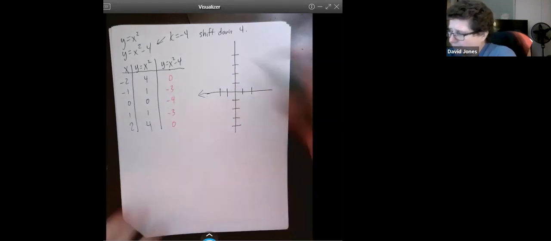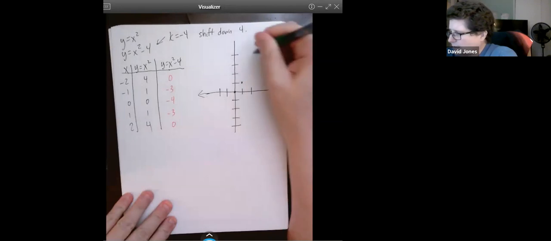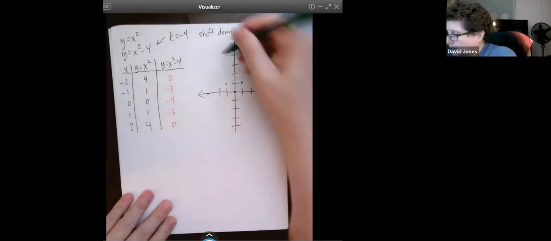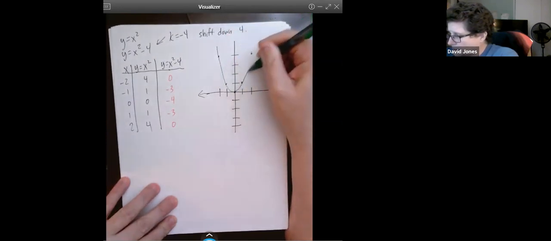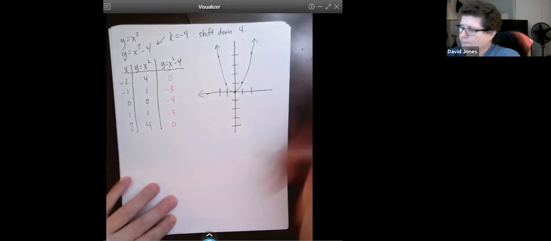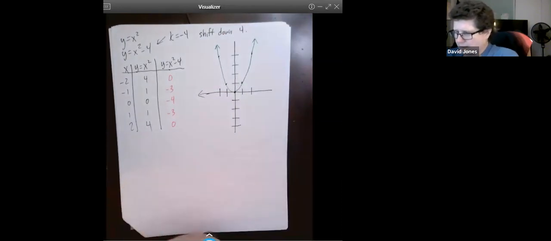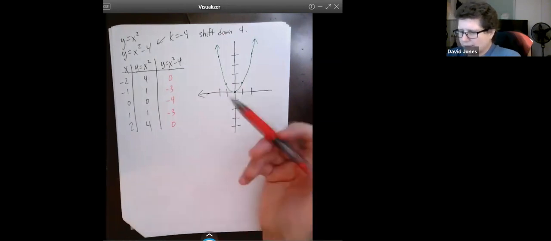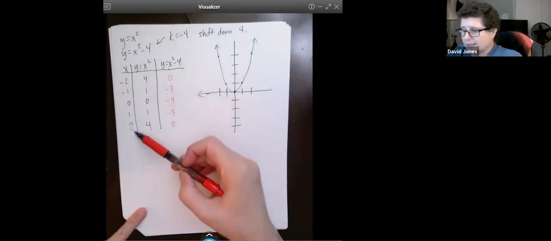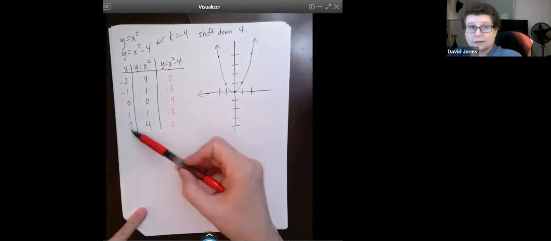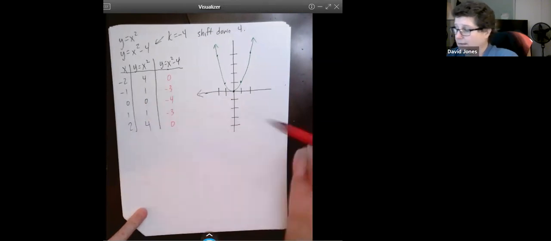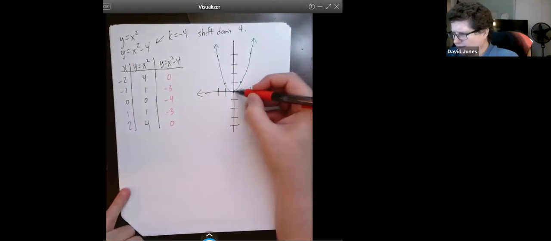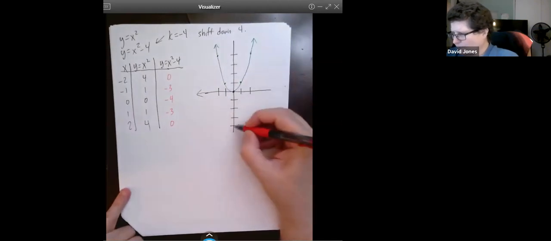And our base graph, y equals x squared, is right there. And if I plot x squared minus 4, all I was doing is plugging these in, squaring, and then subtracting 4. Negative 1 squared is positive 1. 1 minus 4 is negative 3. So my vertex is now at 0, negative 4.